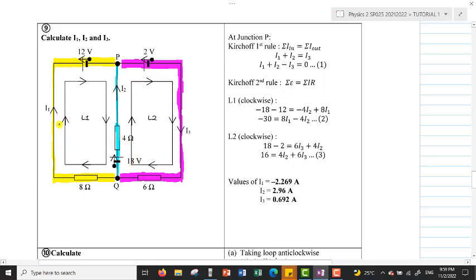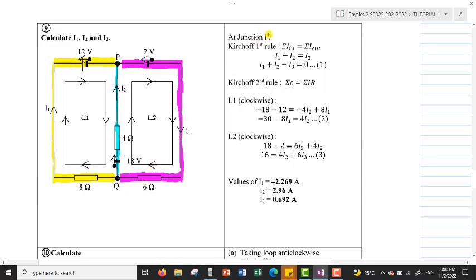Then we can see very obviously, when we color out the circuit path, that current I1 passes through the 8 ohm resistor, I2 passes through the 4 ohm resistor, and I3 passes through the 6 ohm resistor.